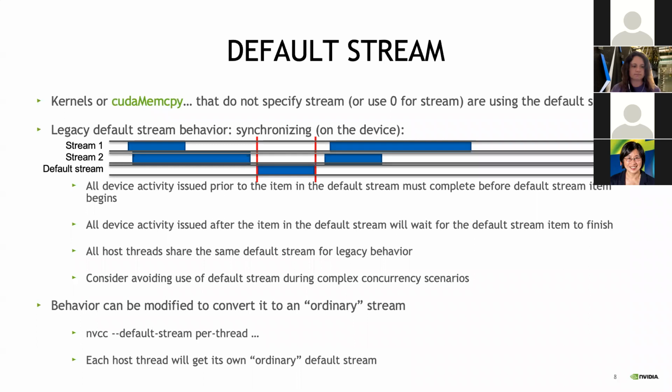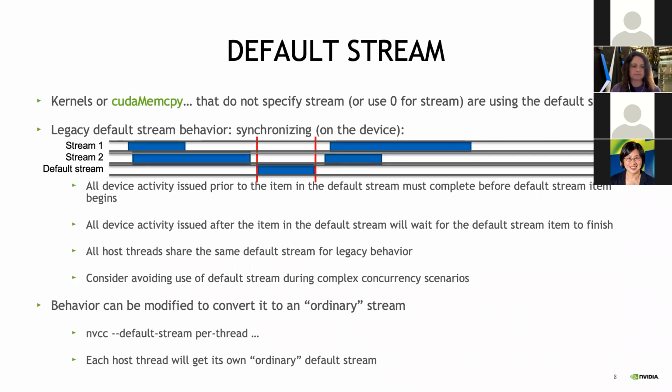So even if you had stuff running in other streams, if you then submit work to the default stream, it's going to wait on all of the other streams to complete execution. It's then going to execute whatever you submitted to the default stream, and anything that was issued into other streams in the meantime will still be blocked from beginning execution until the work item from the default stream completes, if that makes sense.